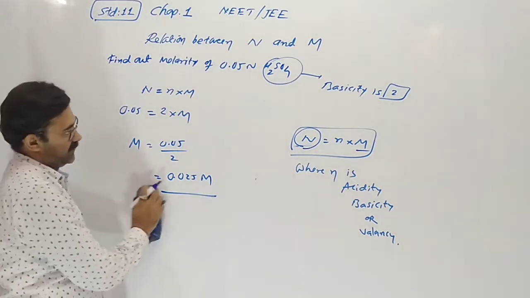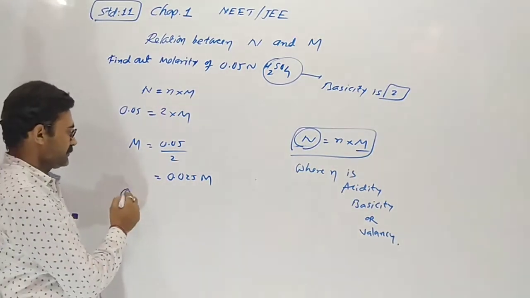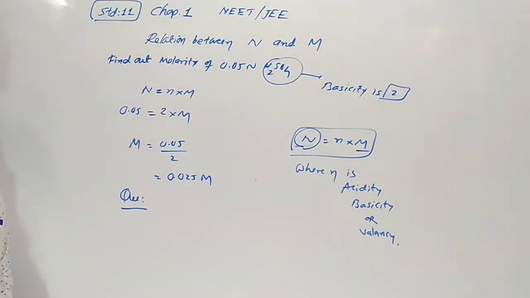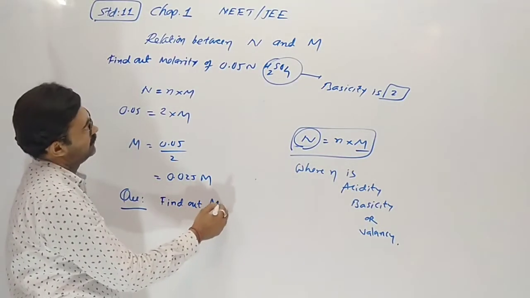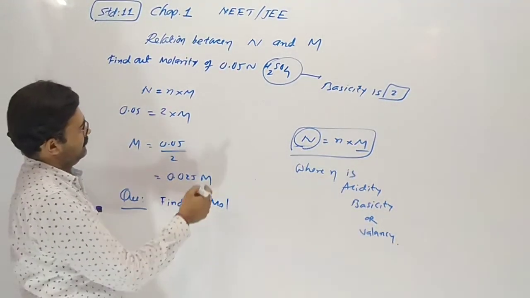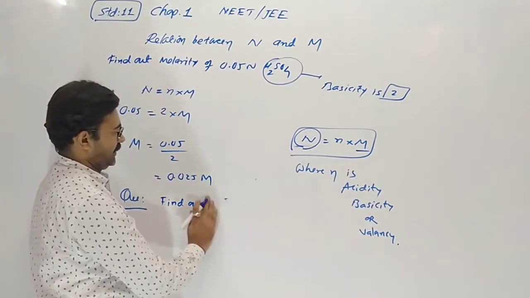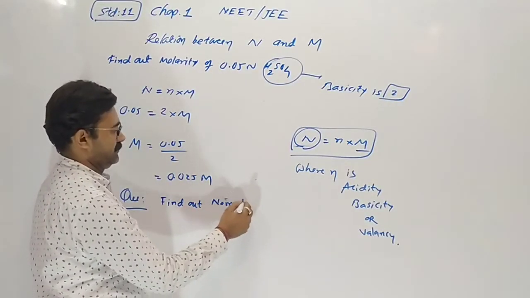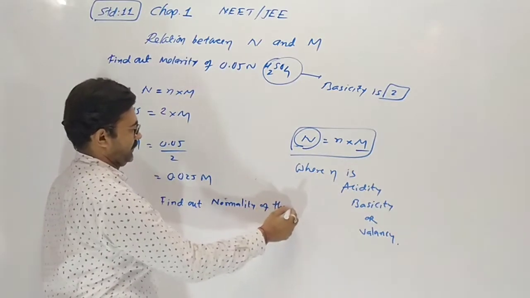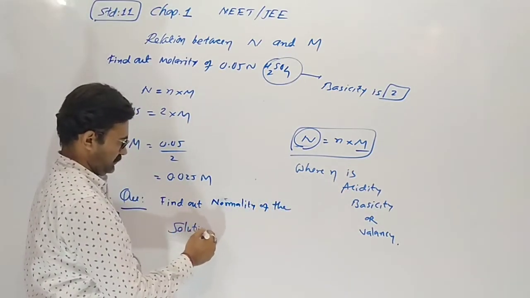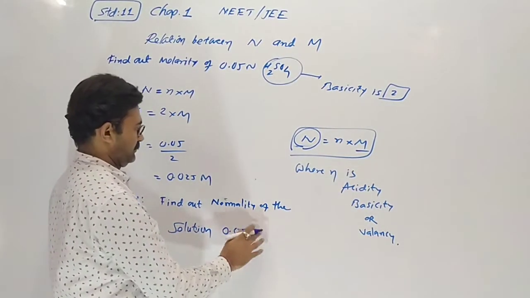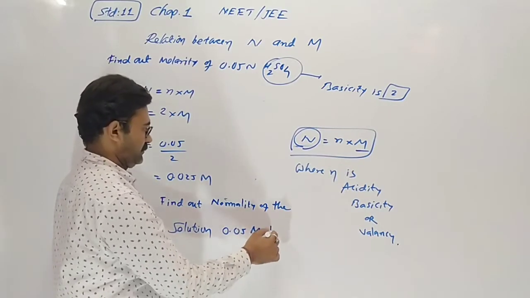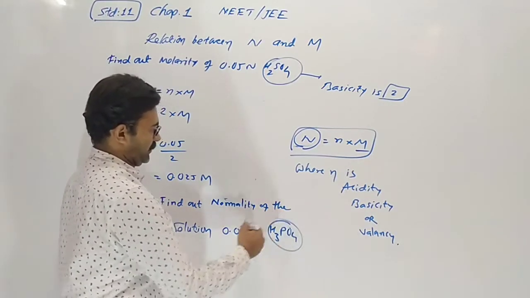Sometimes there is a new question: molarity is given, and we have to find the normality. Find out the normality of the solution 0.05 molar H3PO4, phosphoric acid.